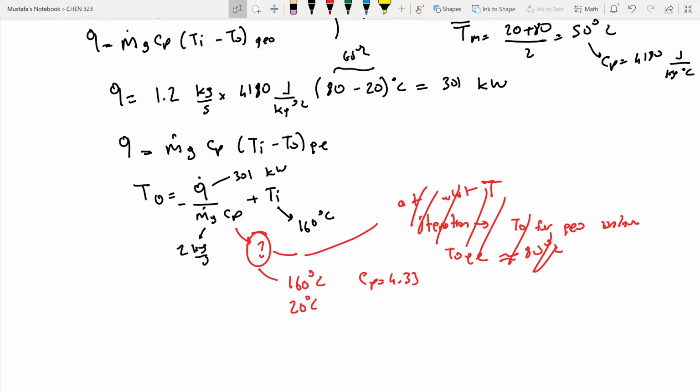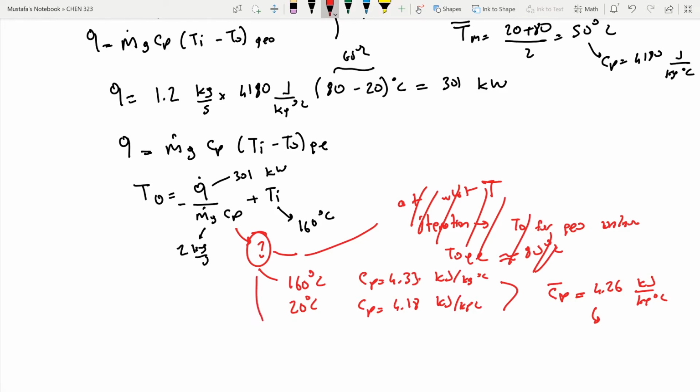At 20 degrees Celsius, this is the lower bound, 4.18, in kilojoule per kilogram per Celsius. So we can just assume it's the average of these two, which is 4.26 kilojoule per kilogram per Kelvin. We need to do iteration, but let's start our analysis with the average of the coldest possible Cp and hottest possible Cp, so this is 4.26.